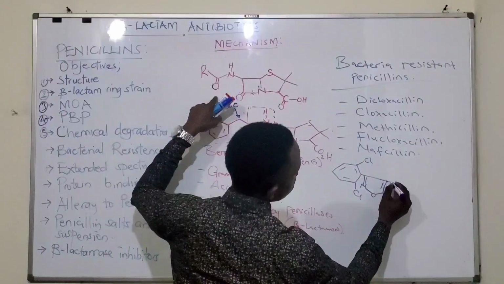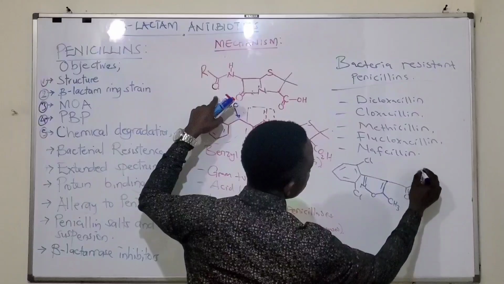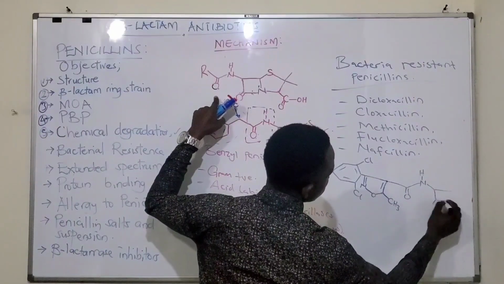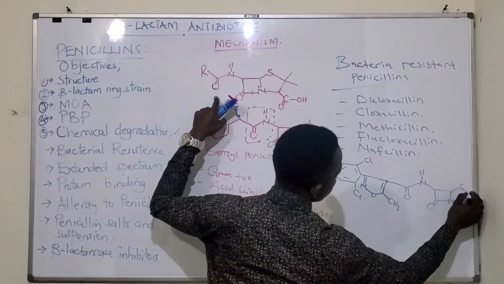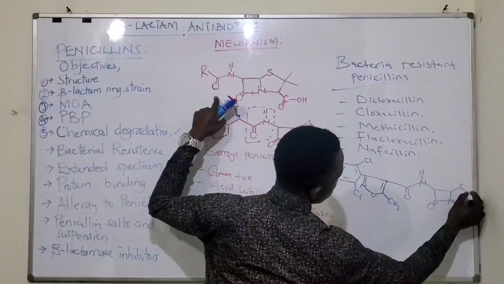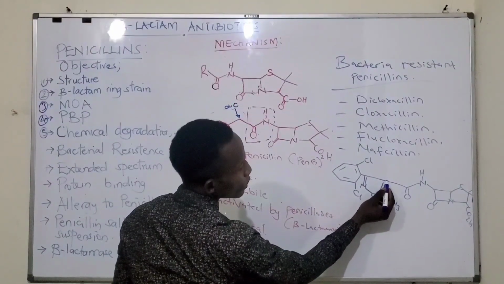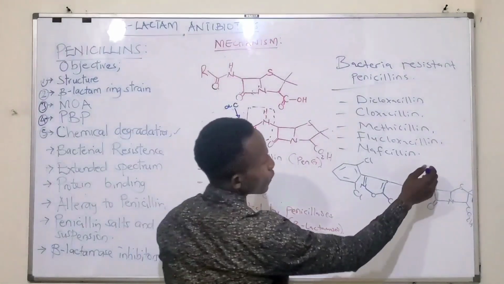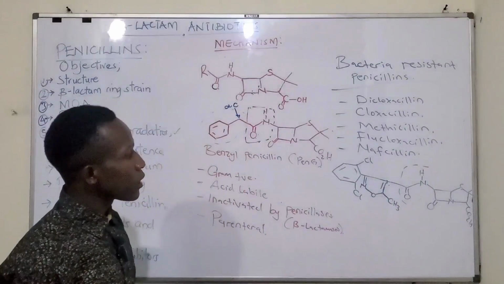Then this part is the amide group, then CO2H. So this is the alpha carbon. This is the alpha carbon now, because this is the functional group. Now the first carbon is the alpha carbon.